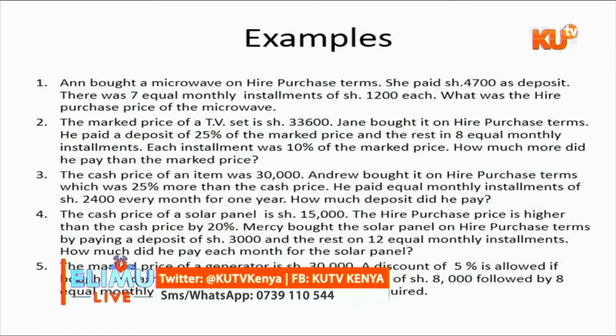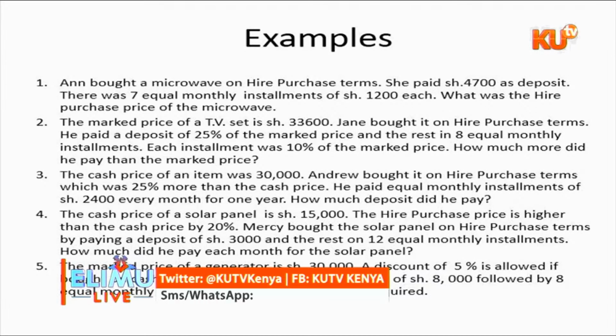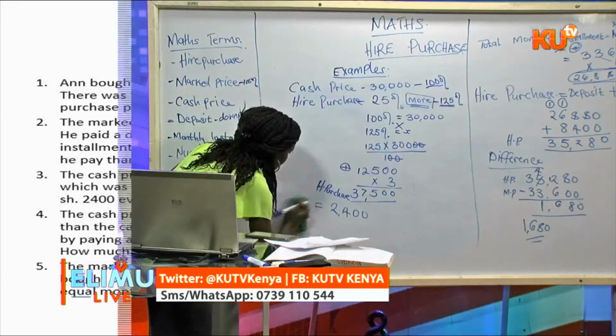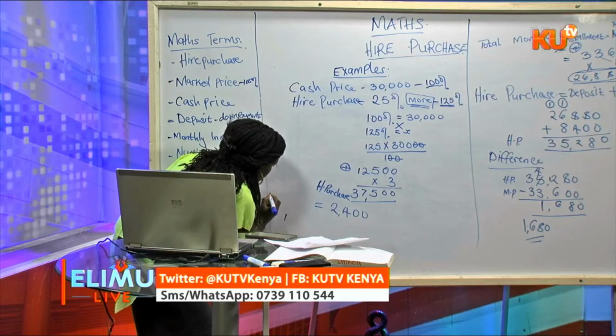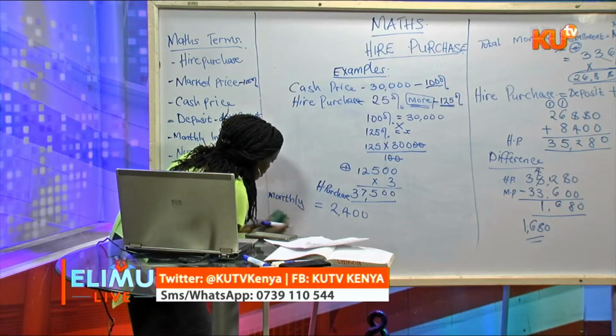He paid equal monthly installment of 2,400. The monthly installment was 2,400. Equal monthly installment of 2,400 every month for 1 year. So here we have the number of months. Oh, sorry. This one, let me write. I don't want to confuse anyone. This is monthly installment.